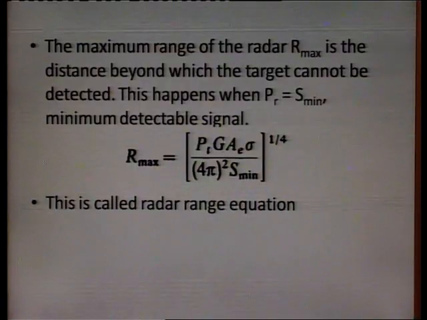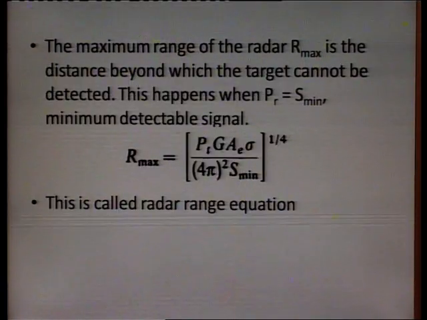So, the circuit by using which you have made the radar will have its higher and lower limitations. The minimum signal which can be detected by a particular radar or circuit is predefined. If the signal is weaker than that, then that signal will not be detected by that radar.